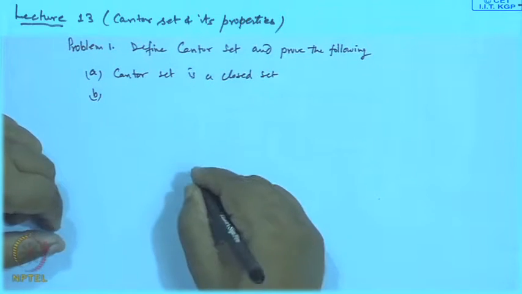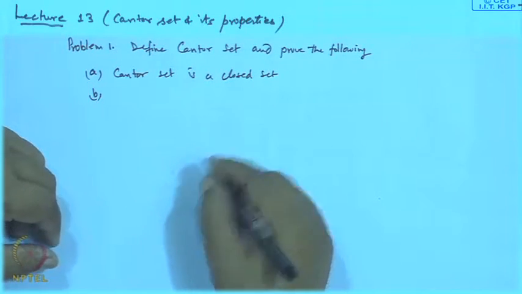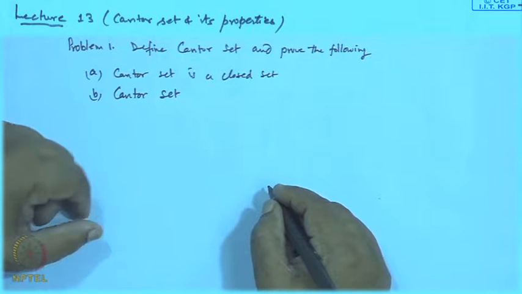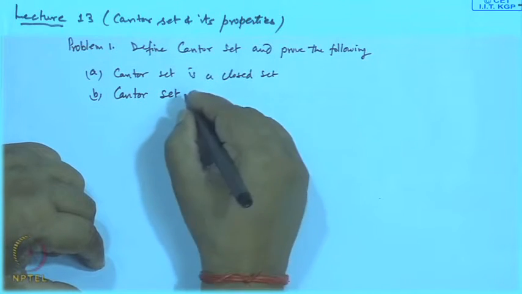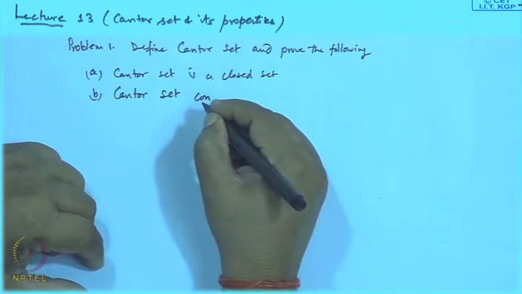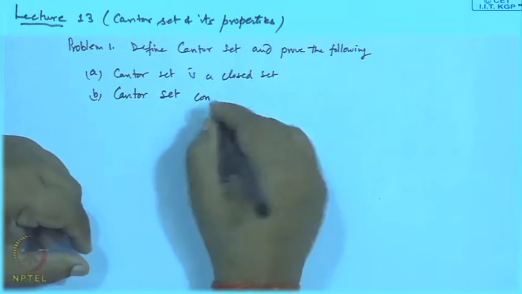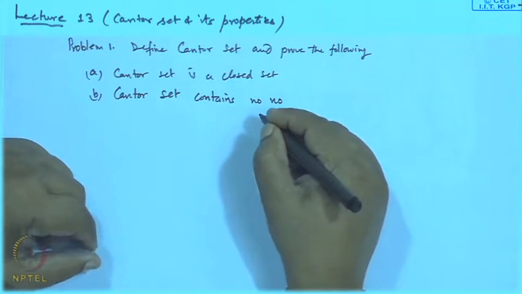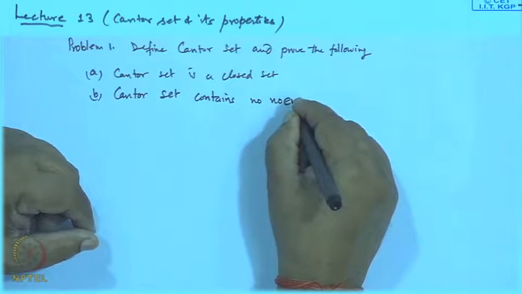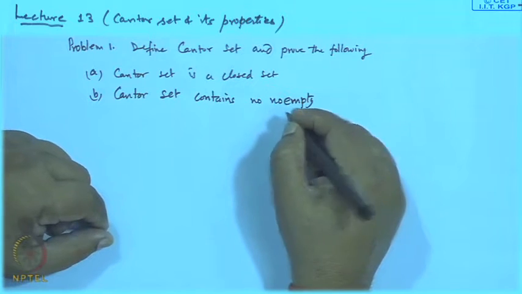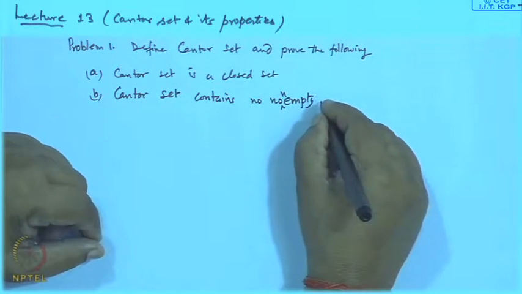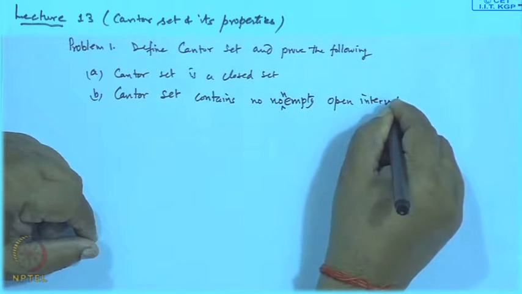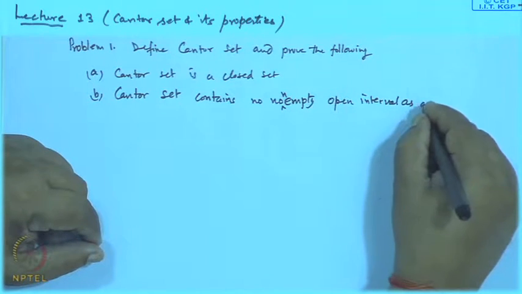Second, we want to show that the Cantor set contains no non-empty open interval as a subset.